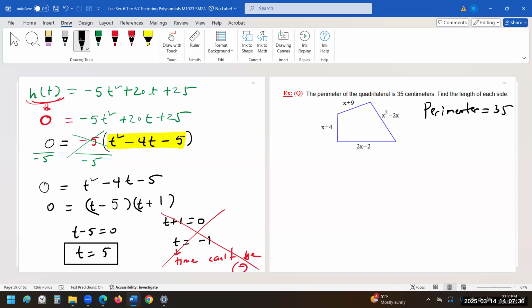What does perimeter mean? The sum of all the sides. So they're saying that the sum of all sides is 35.